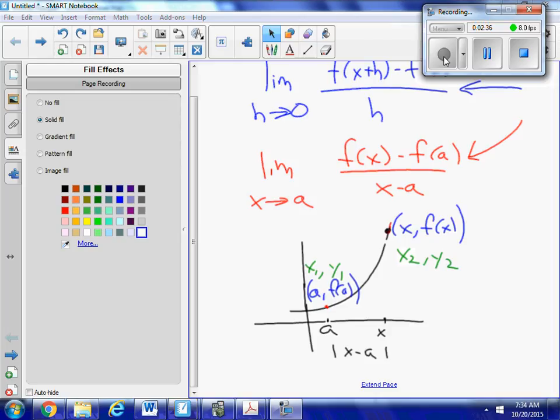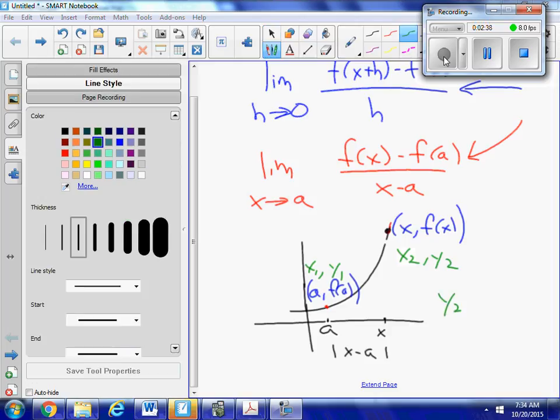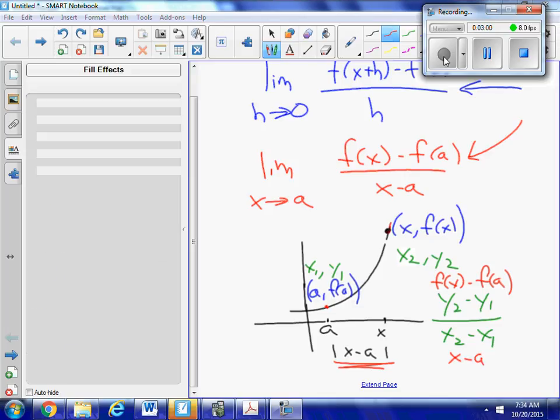So if I'm looking at my slope, I have y2 minus y1 divided by x2 minus x1. Well, isn't that the same thing as f of x minus f of a divided by the distance between those two, x minus a?